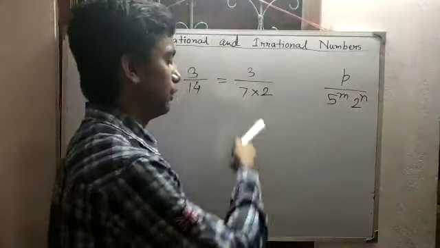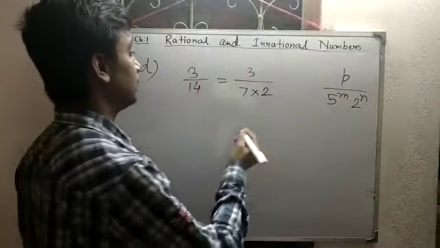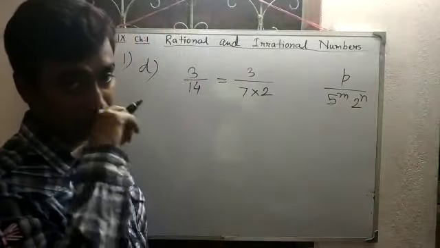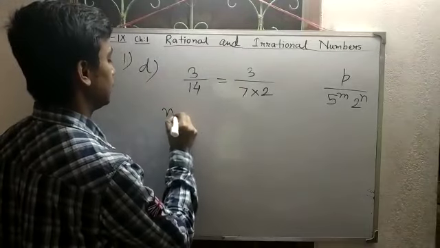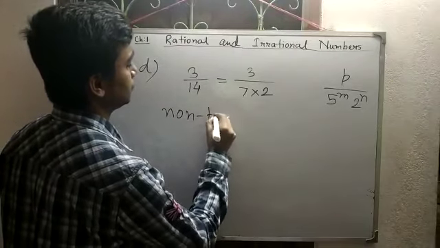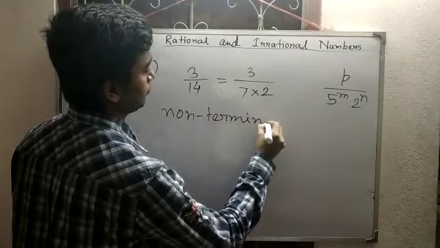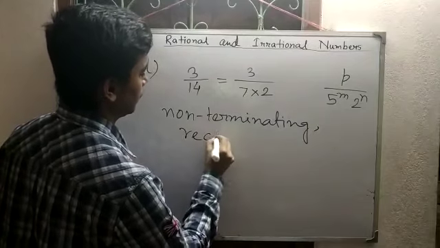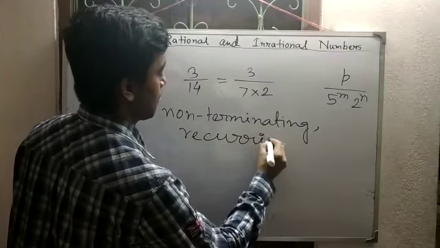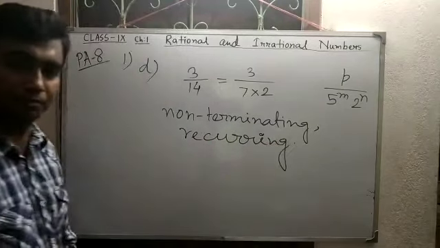This is not in this form because 7 is present. That's why it is non-terminating and recurring. Okay, so we can write here non-terminating and recurring.